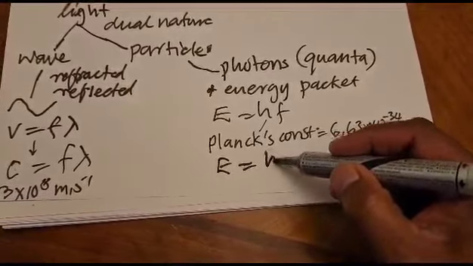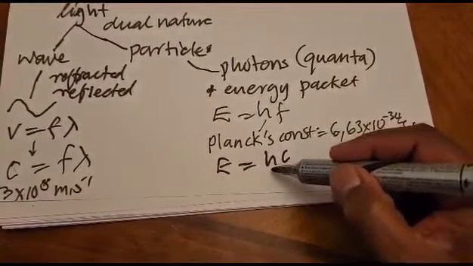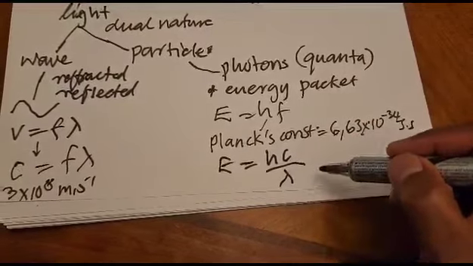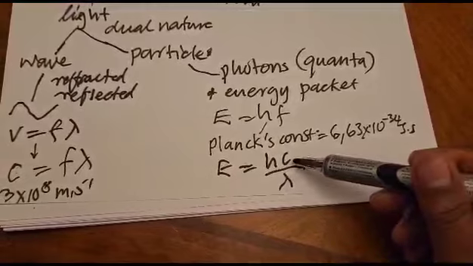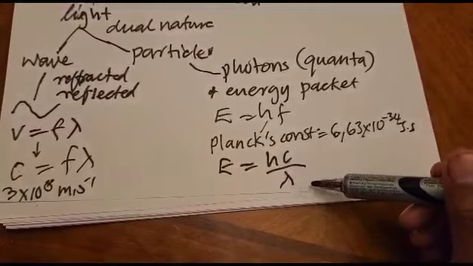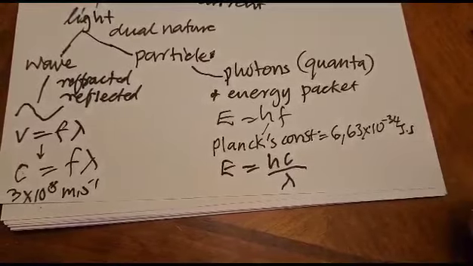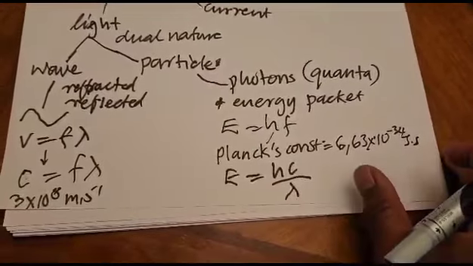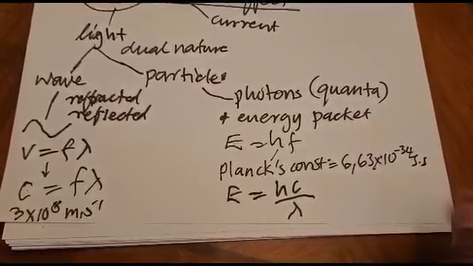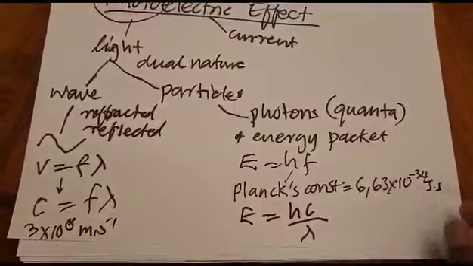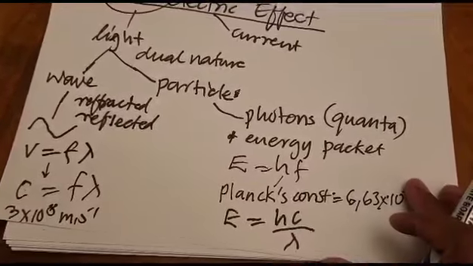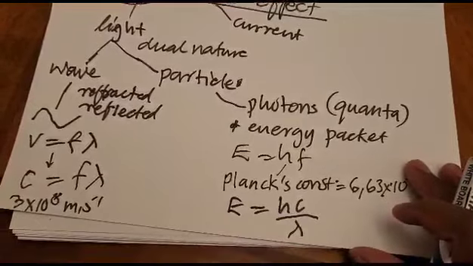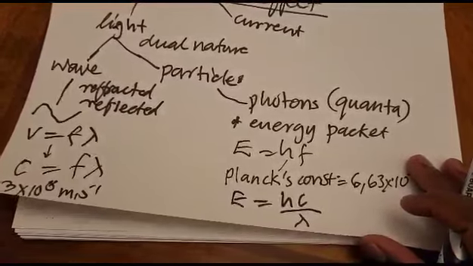Therefore, if given the wavelength, our formula will be E equals hc over lambda, whereby h still remains Planck's constant, c is the speed of light in air, and lambda is the wavelength, which is the distance between two consecutive points in phase, or consecutive crests, or consecutive troughs. Now that is grade 10.